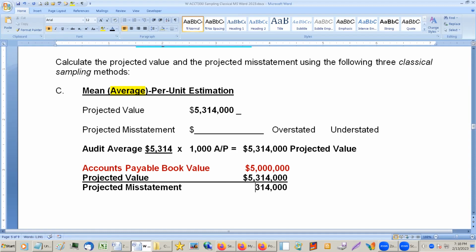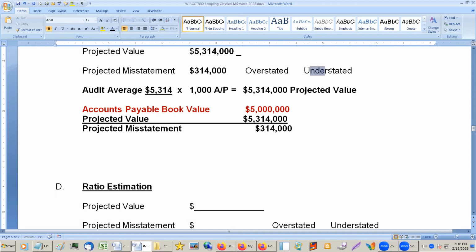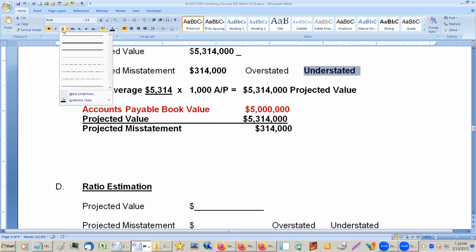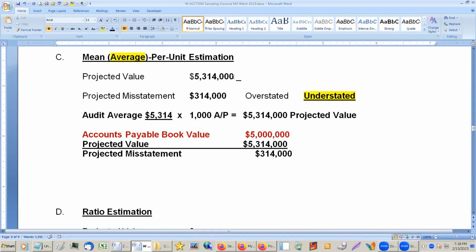Overstatement or understatement? Are we saying their books are too high or too low? Too low. Yeah. Understatement. Very good. So we're saying that their books should be 5,314,000. They only have 5 million.